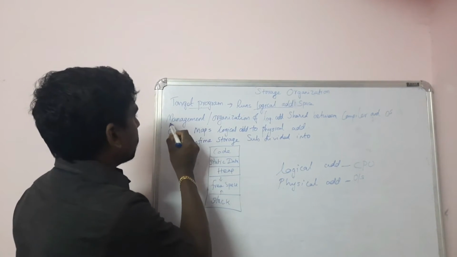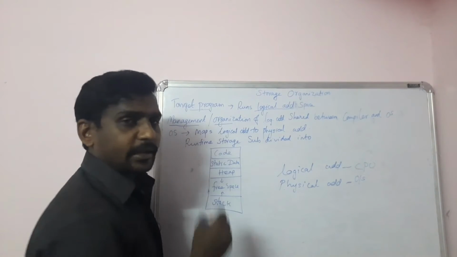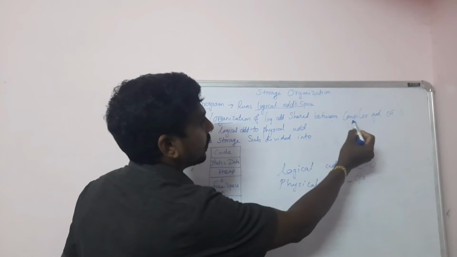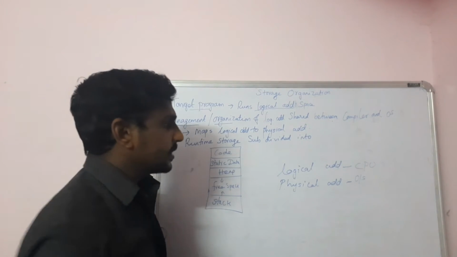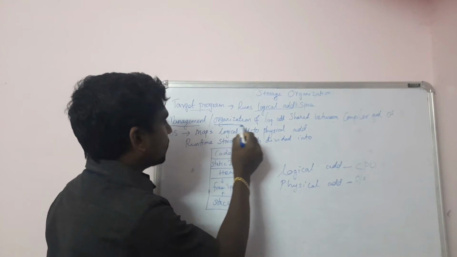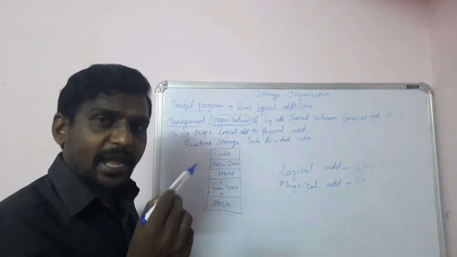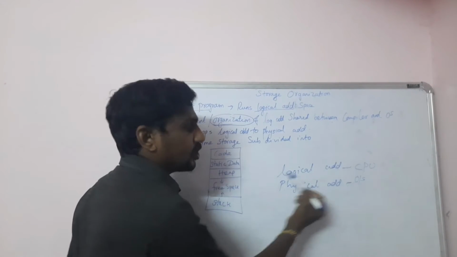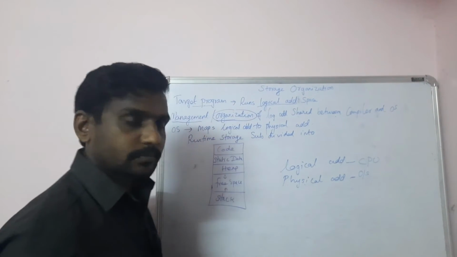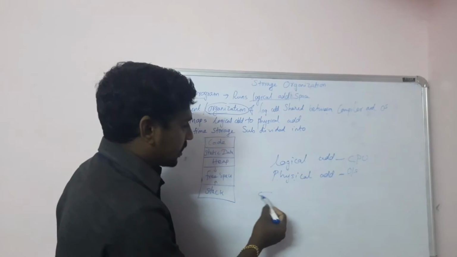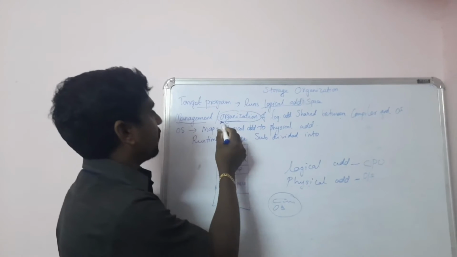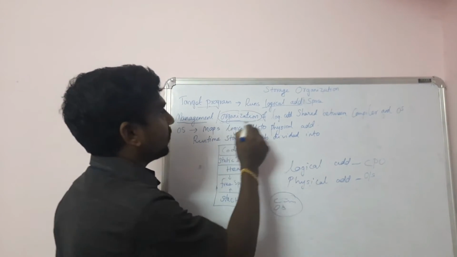And how the storage is managed or allocated is shared between the compiler and the operating system. That means shared between the logical address and the physical address. This way the memory is organized. The compiler, that is the CPU generated logical address, and the operating system, that is the physical address, joined together is the way of allocation or organization of the memory.